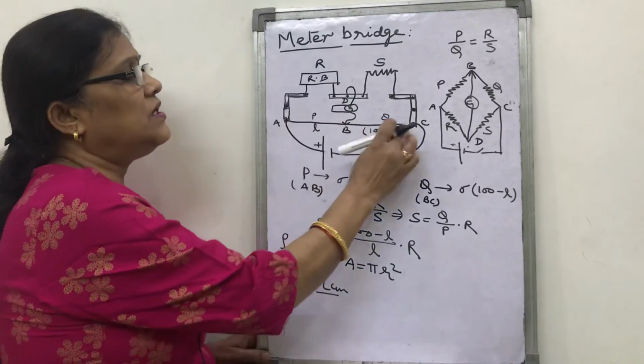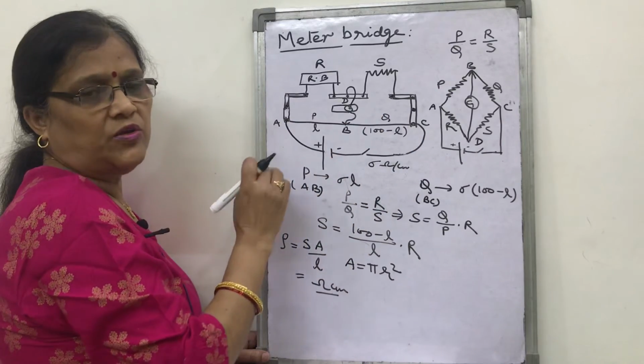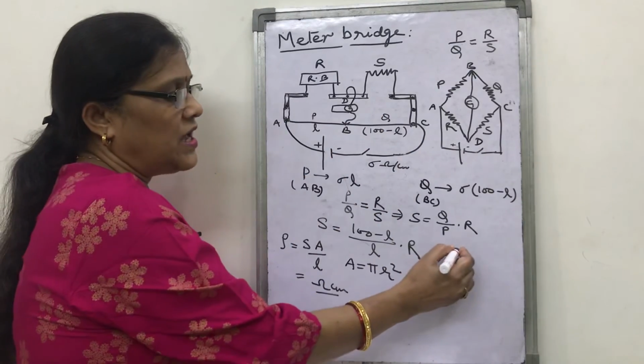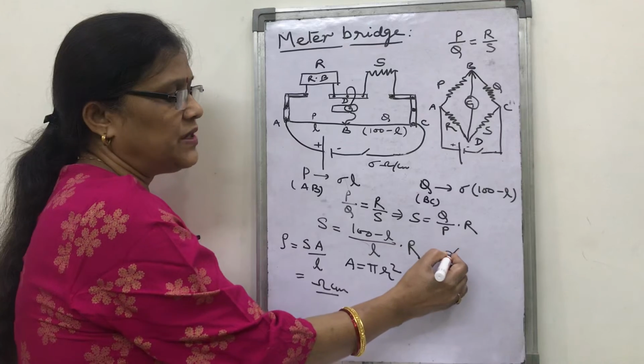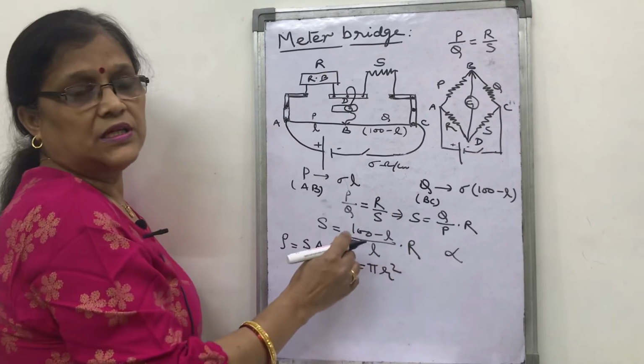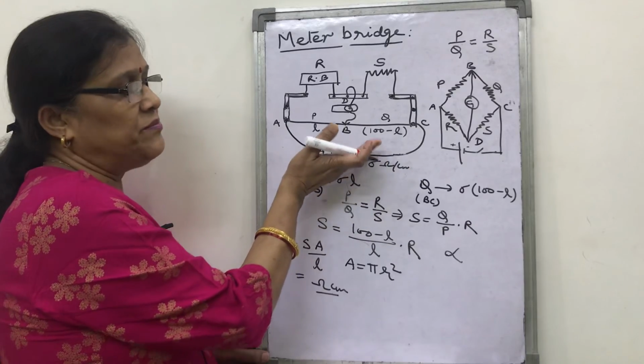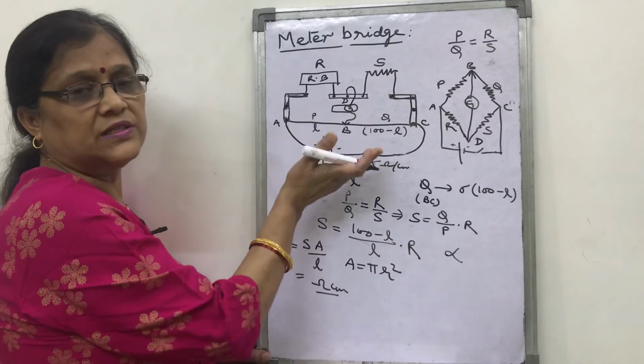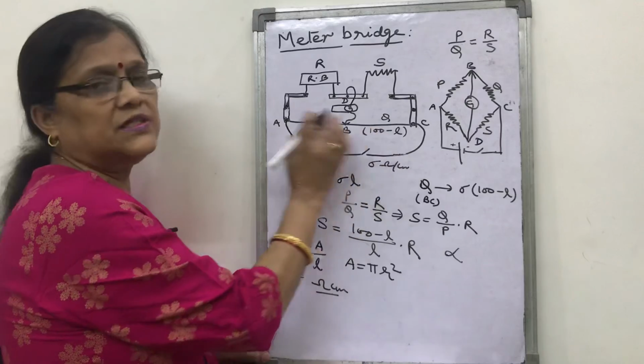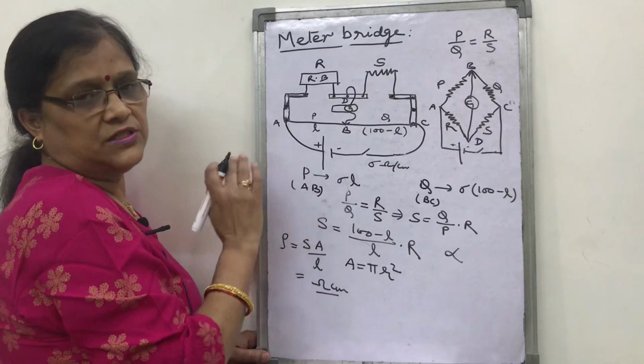This wire is of alloy because for an alloy, alpha, the temperature coefficient of resistance, is negligible. So if temperature increases, its resistance doesn't change.